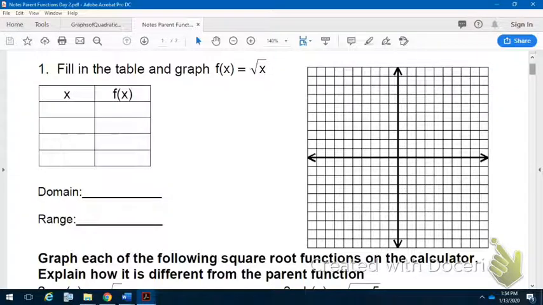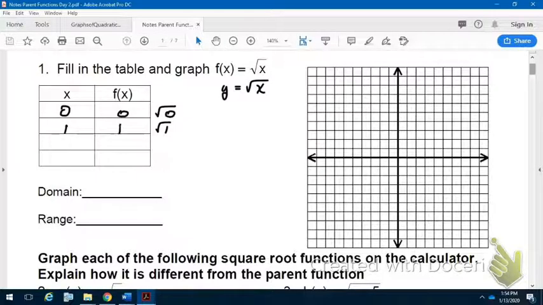So our parent function is y equals, remember f of x is the same as y, equals the square root of x. And so we can't take the square root of a negative number. Then we end up with i, which is a non-real number. So we'll start with 0, and the square root of 0 is 0. Well, the next number we can take a square root of is 1.